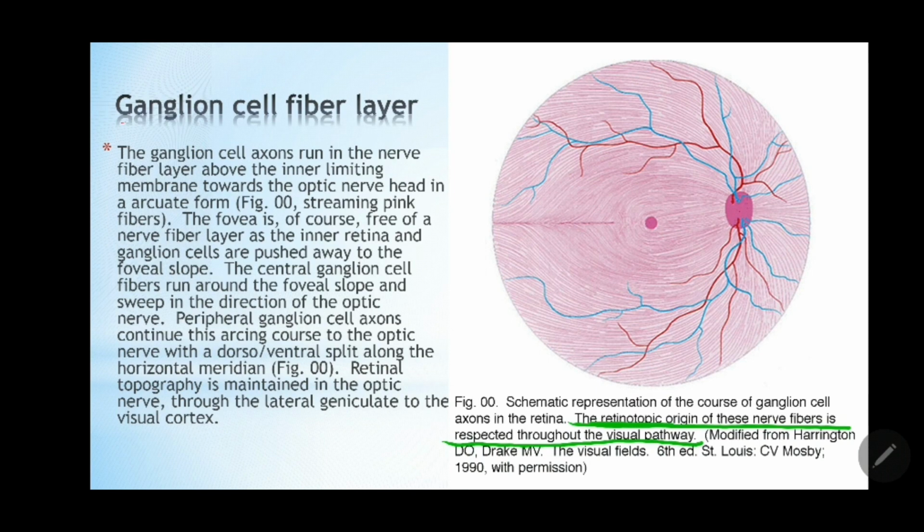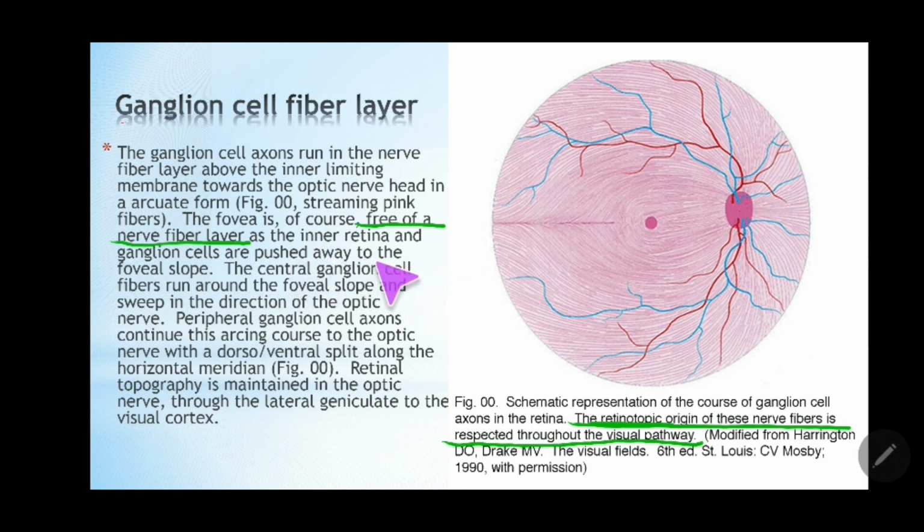So you're removing the layers from inside to out, 10th, 9th, 8th, 7th, 6th, 5th, that way, right? So ultimately you reach the photoreceptor layer. So remember that I told you that the fovea is free of a nerve fiber layer, because that has been displaced laterally.